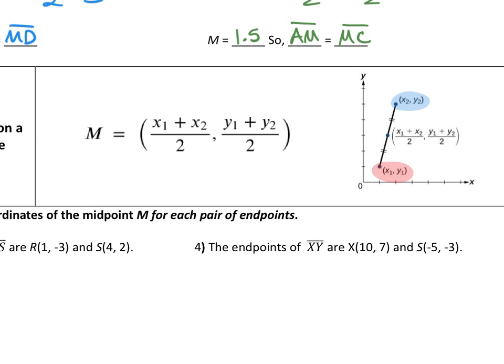So this formula, if you want to color code along with me, is straight up a coordinate where you take the average of the x's. x1 plus x2 divided by 2. That's your new x value, comma, y1 plus y2 divided by 2. That's your output value. That's your y.